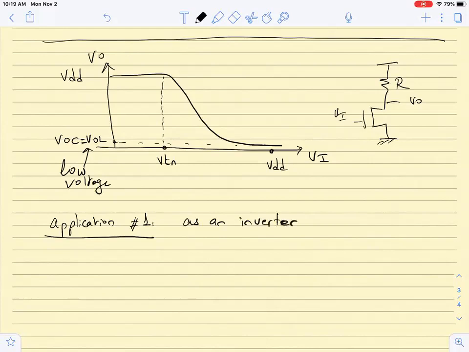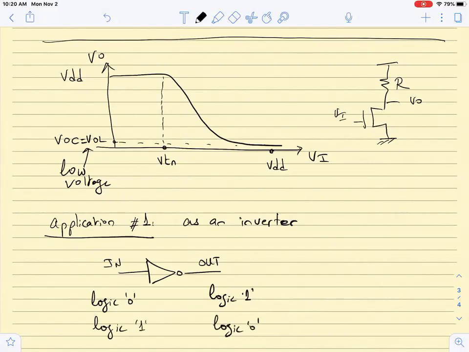Because the inverter usually has an input and an output, and the way the inverter works is if I input logic 0, it outputs logic 1, and if I input logic 1, it outputs logic 0.